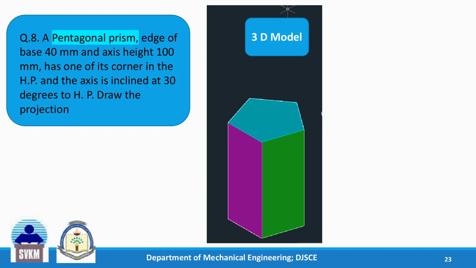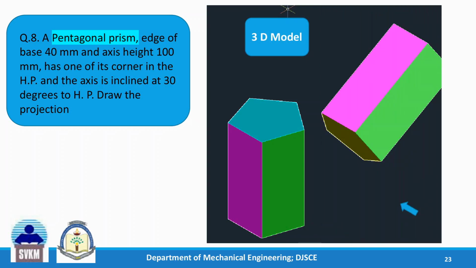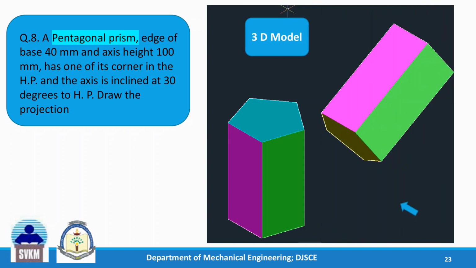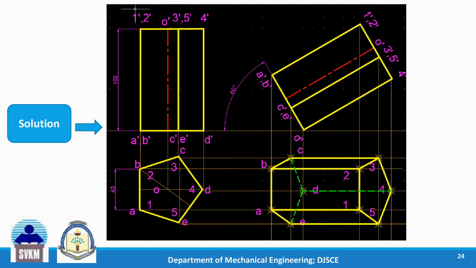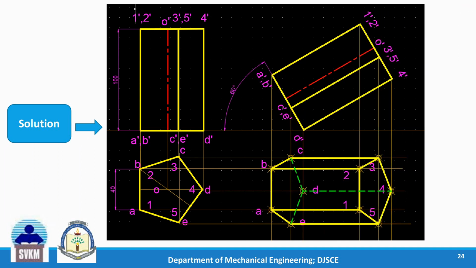Now we have solved this. This is the second position, that we are tilting it on one of its corner, and we have drawn the views in the second position as well. So this is that solution here.